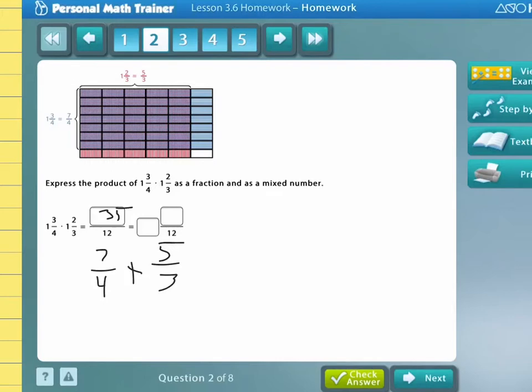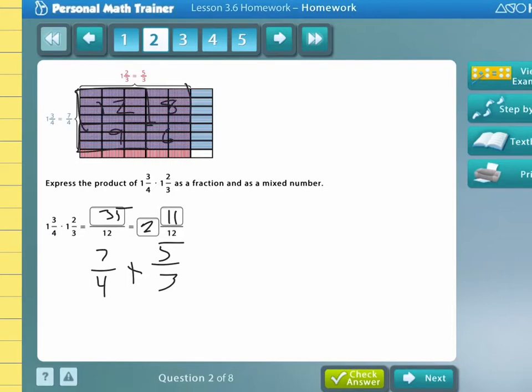I'll just draw this here. You can see how many 12ths you have: 12 12ths here, 9 12ths here, 8 12ths here, and 6 12ths here. So that turns into 30. That's 35/12, and then 35/12 simplifies into 2 and 11/12.